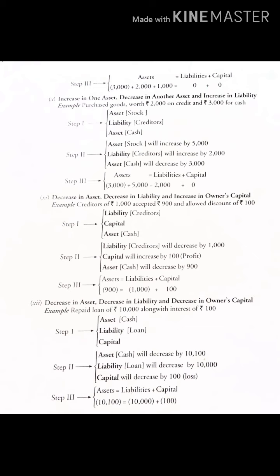Now this concession of 100 rupees will be added to the capital. Why? Because this is a profit. Okay, so when we check the equation, 900 will be in reduction, minus 1,000 again is my liability, and in bracket plus capital 100 rupees, it is increasing. So I'll check, ultimately the answer will be minus 900 on both sides.